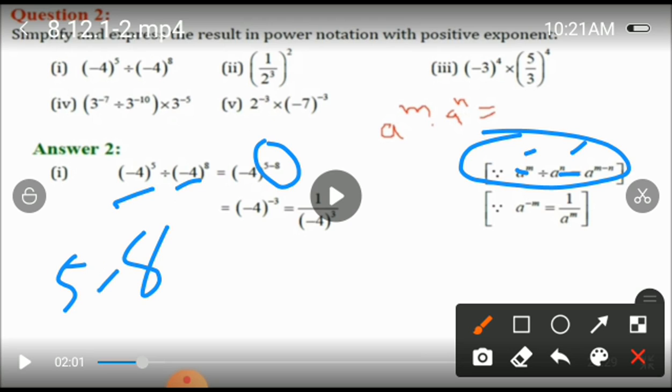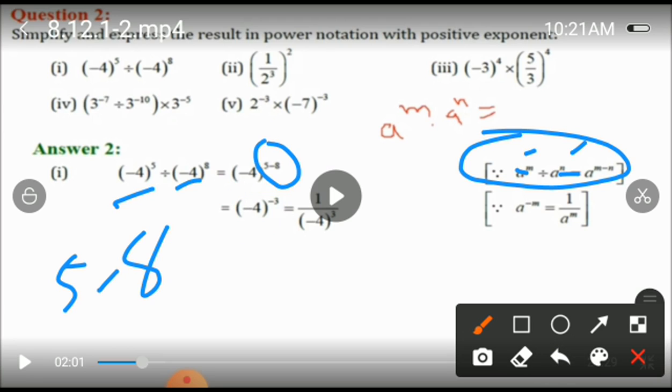But when one number is positive and one is negative, subtract the smaller number from the bigger number and give the sign of the bigger number. So 8 minus 5 gives 3, and since 8 is bigger and has the minus value, put the minus. So the answer is minus 4 raised to minus 3.